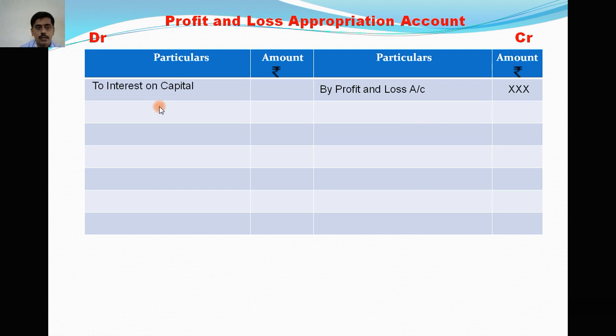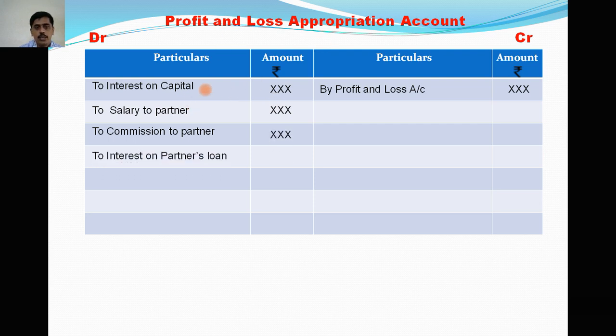On the debit side, to interest on capital, you have to calculate the interest for all the partners, and the net amount may be written in the outer column. Next, salary to partner. If any partner is entitled to receive salary, the same should be recorded here. Next, commission to partner, the same should be recorded here.